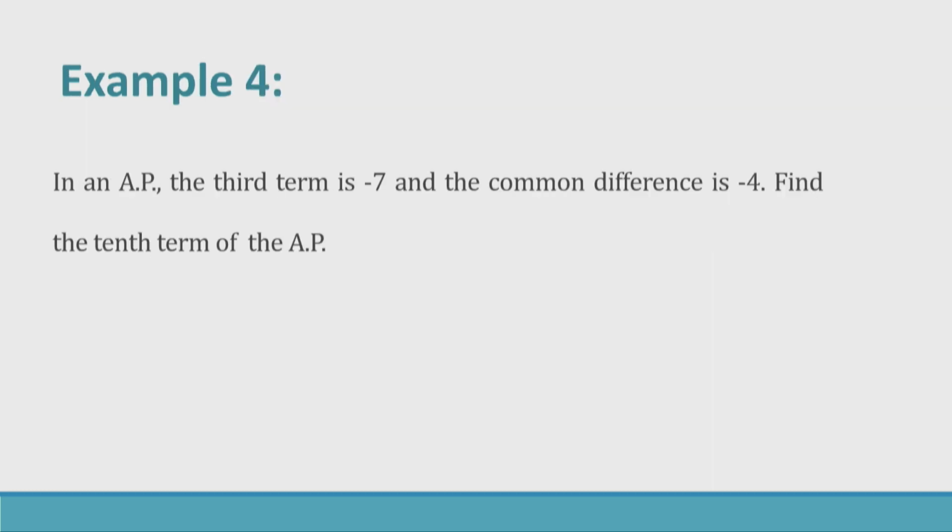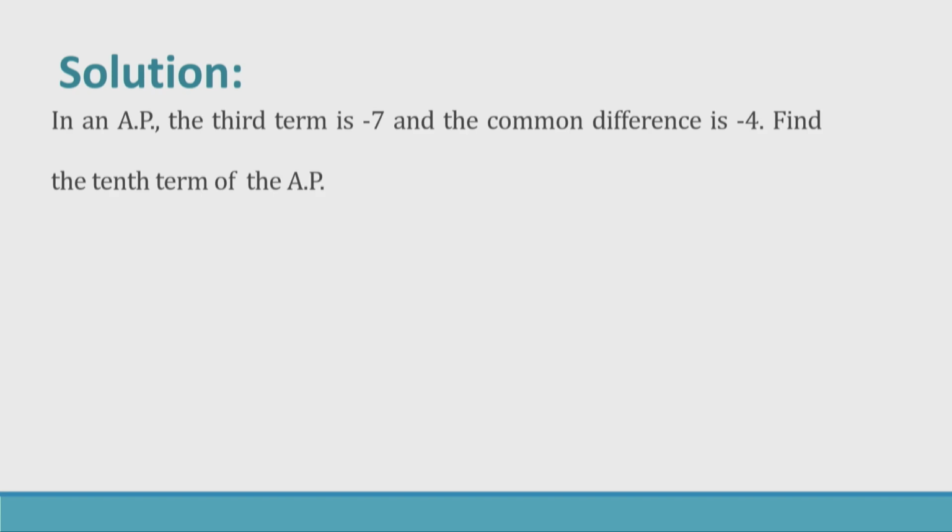Moving on to example 4. In an AP, the third term is negative 7 and the common difference is negative 4. Find the 10th term of the AP. So let us have a look at the solution.